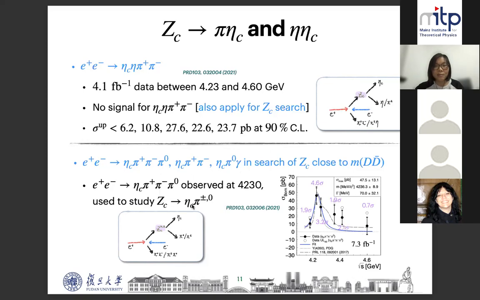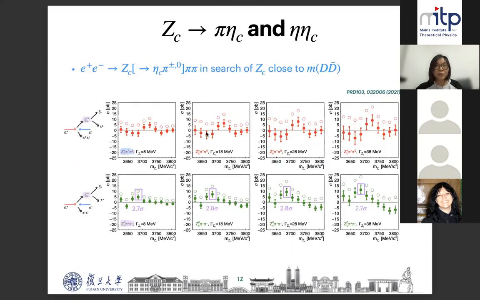The intermediate state has been studied only in the eta C 3 pion final state at 4.23, and Zc decaying to eta C pi, a charged pion and a neutral pion, has been studied in a search for a Zc state close to the D D-bar threshold. Here shows the search for such a Zc structure in different assumed masses as well as different assumed total widths of this state. The first row is where the Zc is charged and decays to eta C together with a charged pion, and the second row shows the cross-section of Zc0 decaying to eta C pi0.